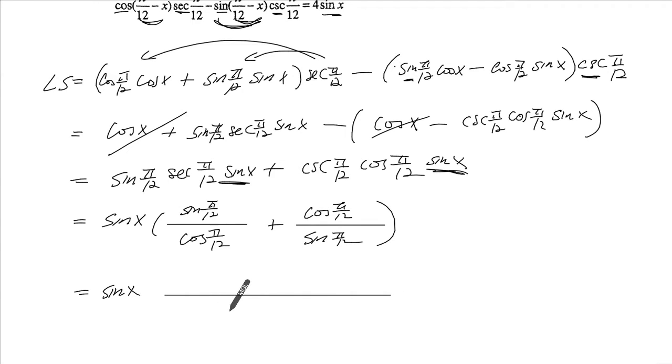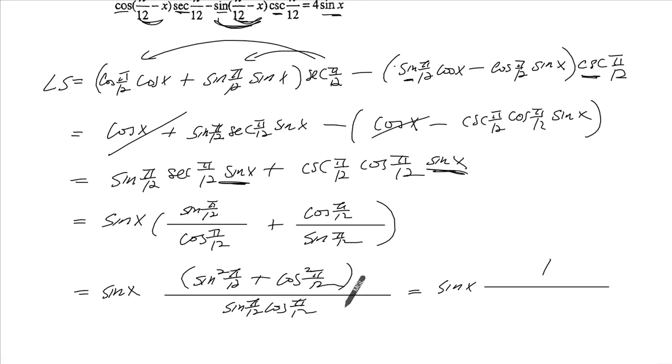To the bottom, the common base will be sine pi over 12 and cosine of pi over 12. The numerator, we actually get a Pythagorean identity. That's going to equal 1.